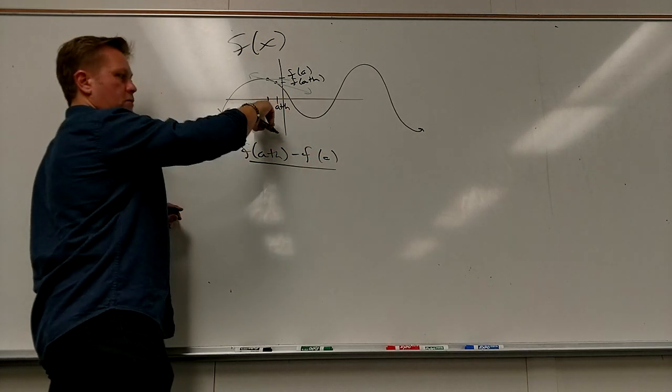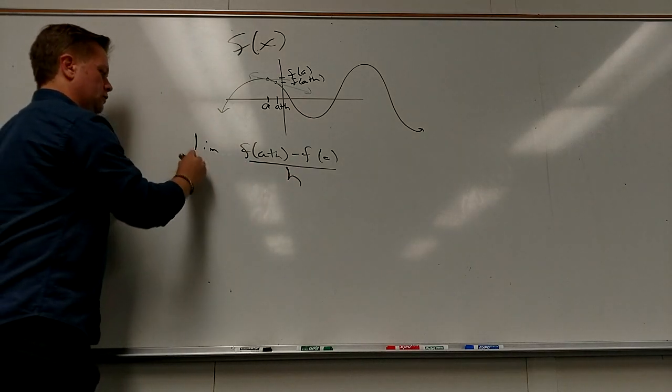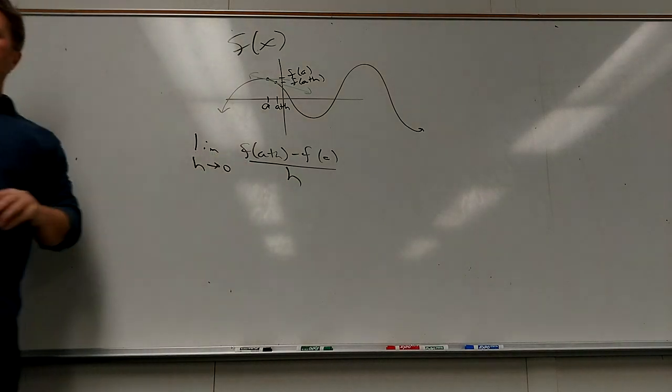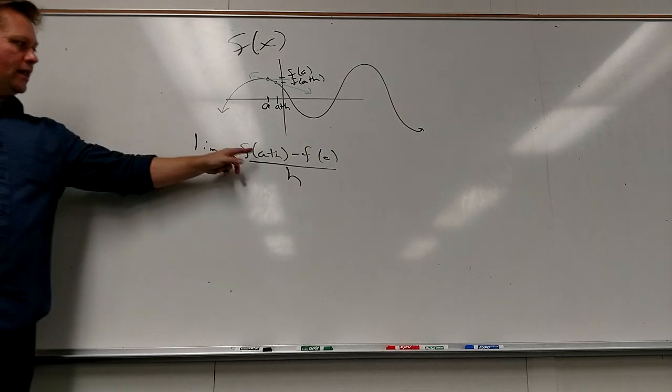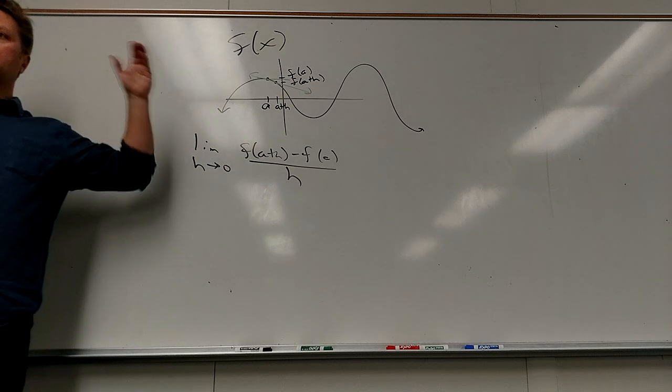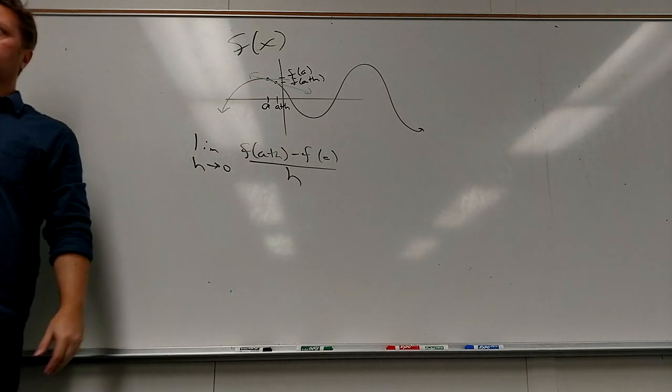Over A plus H minus A, which became H. Remember that? And now I'm going to do this to it, and then the answer will be the slope at A. If I put an x here instead, I would get the slope at anything. I just have to put the x value in.